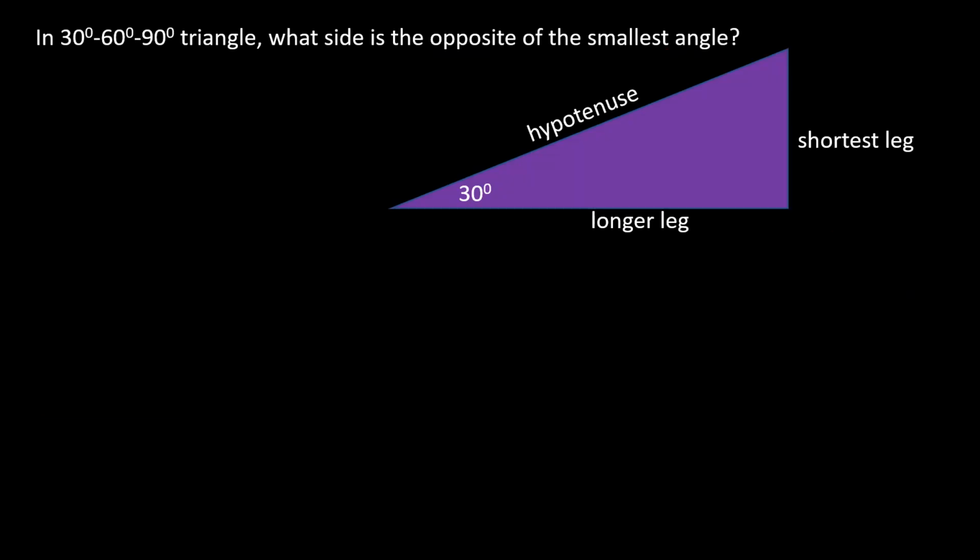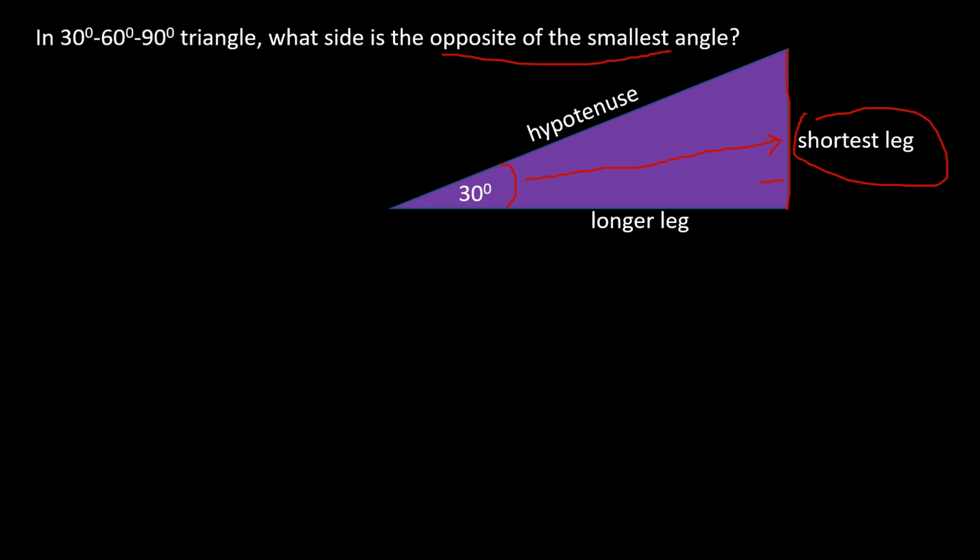In a 30, 60, 90 triangle, what side is the opposite of the smallest angle? So in a 30, 60, 90 triangle, naturally 30 degrees is the smallest angle, so its opposite side is this side, and it is called the shortest leg. So the opposite of the smallest angle is the shortest leg.